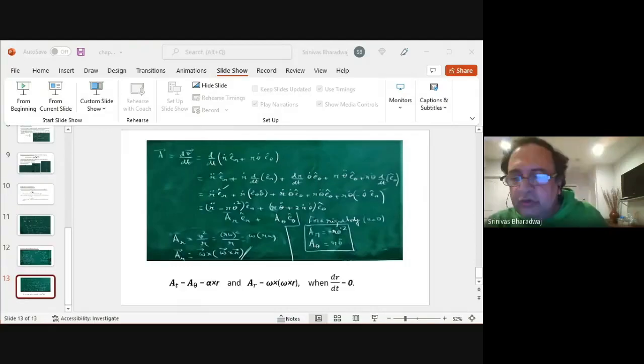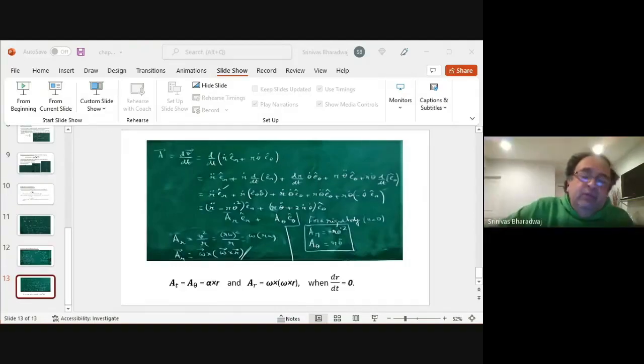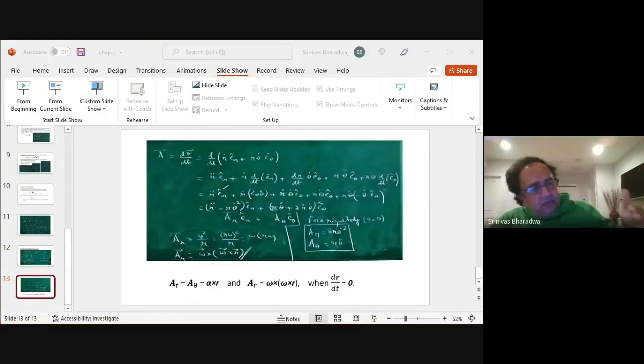Now, when it goes faster and faster, there will be two components: both a radial component and a tangential component. Therefore, the net a will be a combination of a_t and a_r. Notice that a_t and a_r are always perpendicular to each other. a_t is always tangential, a_r is always radial.